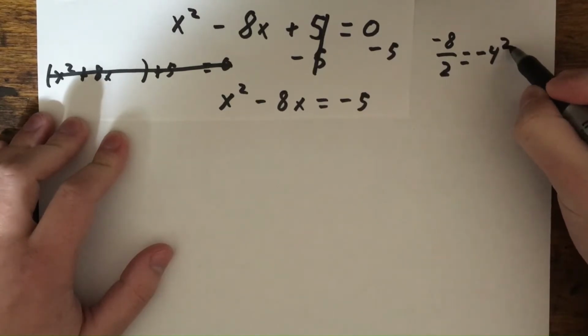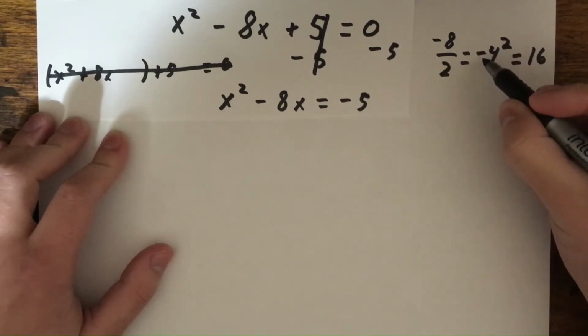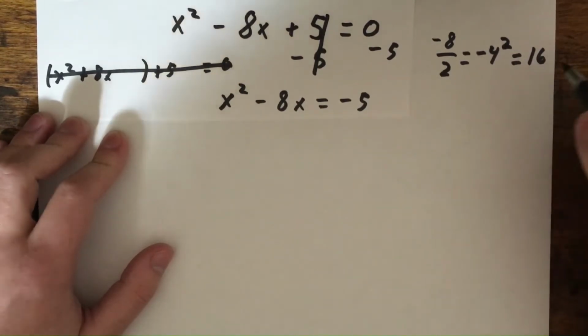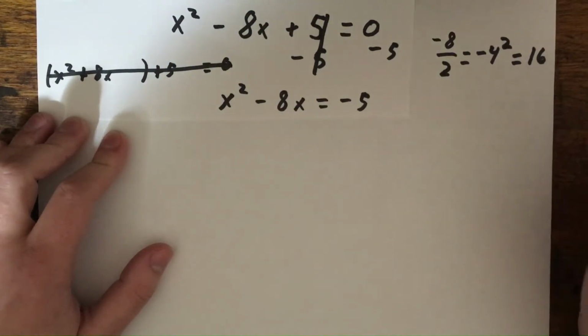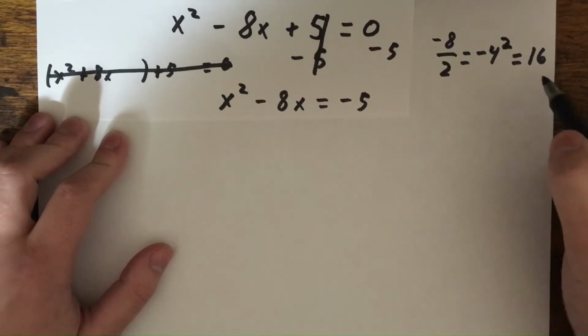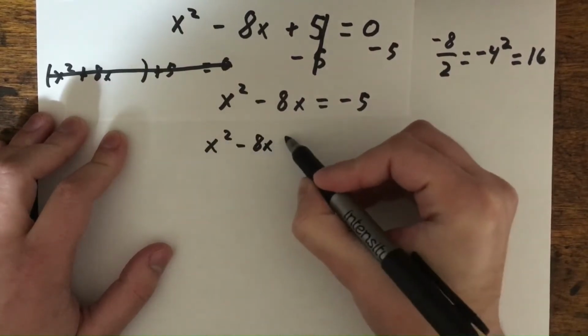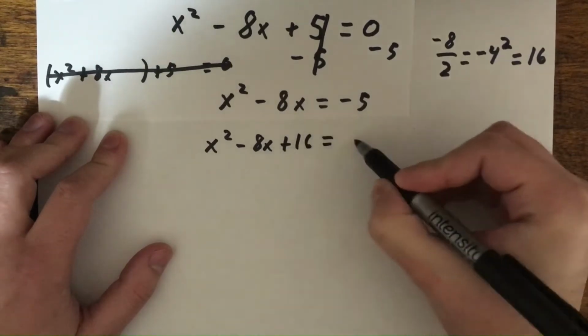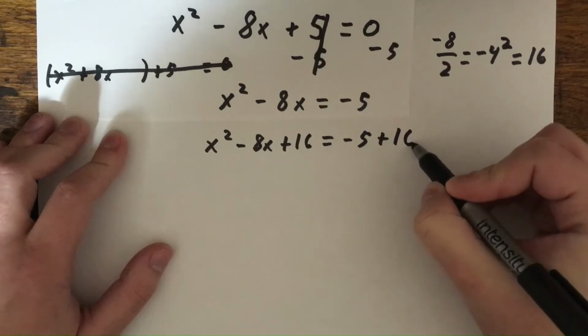So negative 4 squared is positive 16. Two negatives multiplied together will give us a positive number. So now you're going to take this positive 16 and add it to both sides of the equation. x squared minus 8x plus 16 equals negative 5 plus 16.